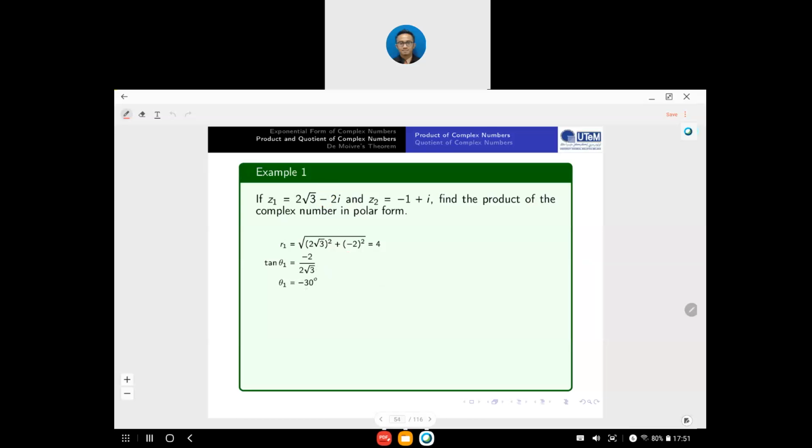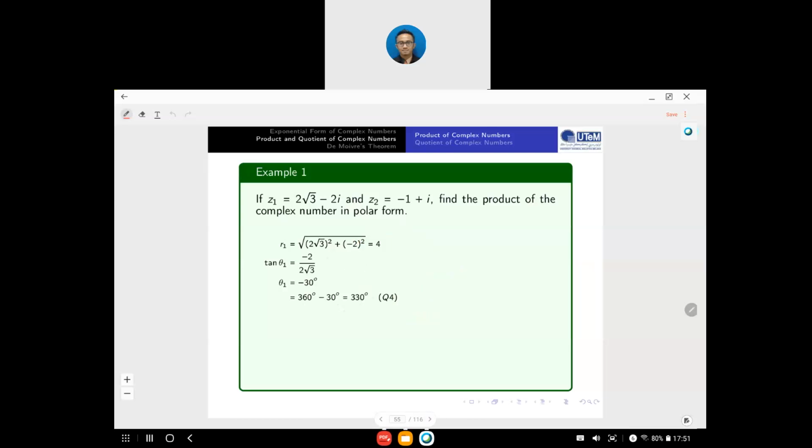Negative 30 degrees is given here, but we want to find the actual value. So theta equal to 360 minus 30 equal to 330. Because I give the answer in terms of degrees, not radians.